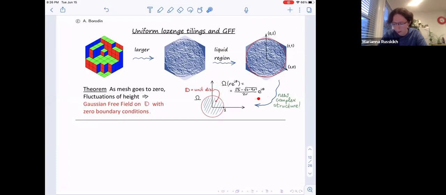And what is important about this map is that this map is not conformal. So we change the conformal structure. We get a GFF in the liquid region in some new complex coordinates. By the way, this is a theorem proved by Leo.